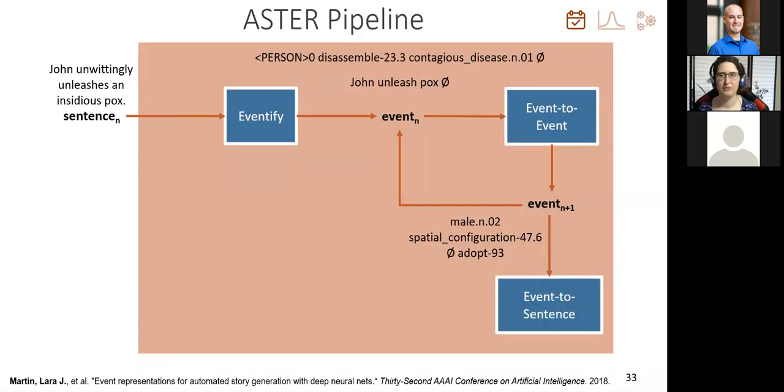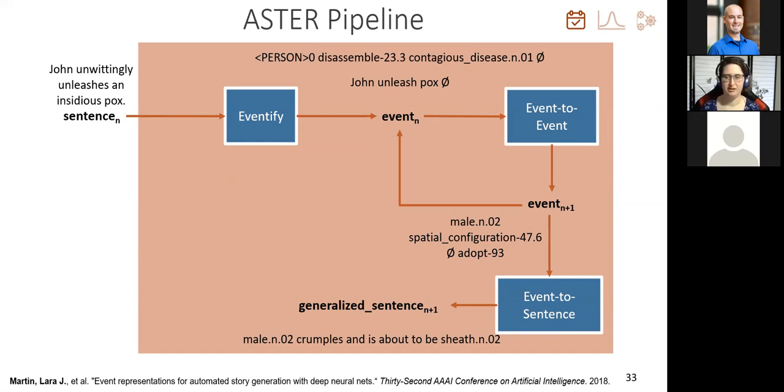But once I have these events, they're not really readable. So I created another network, event to sentence, where I just translated these events into English sentences. But I decided to keep them generalized because that actually adds a pretty useful component to the story generation pipeline.